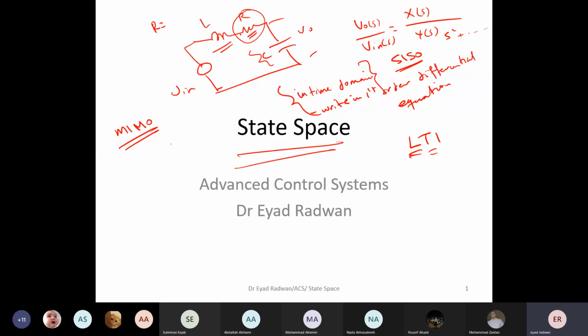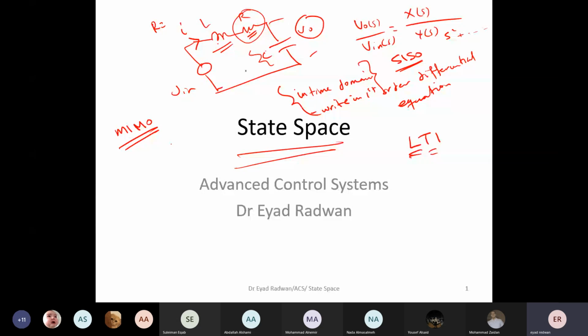It's changing as a function of time because it is maybe a time dependent element. So as time goes, the value of this will change. Then this becomes a time variant system, not time invariant. Notice that I'm talking about parameters, not variables. Current and voltage are variables, but resistance, inductance, and capacitance are parameters.